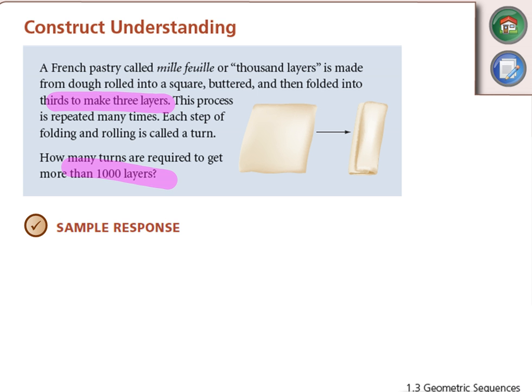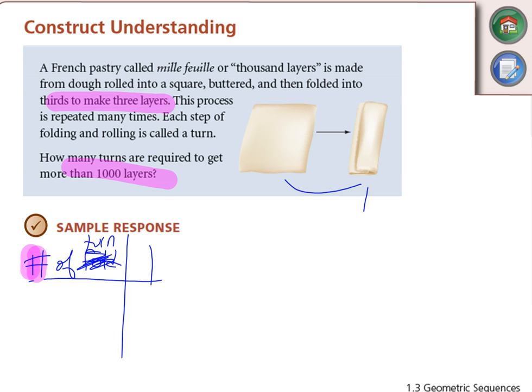So we start at the beginning, roll it into 1, and then we do our first fold. So we'll say number of folds, or turns, because each turn is really 3 folds there. Okay. So if we do 1 turn, we've got number of layers is going to be 3.